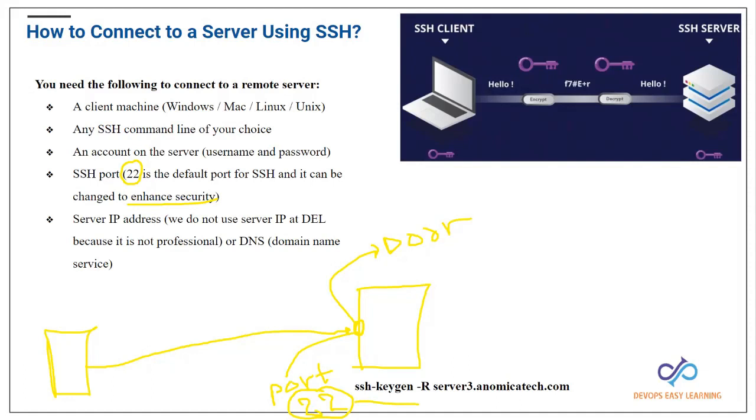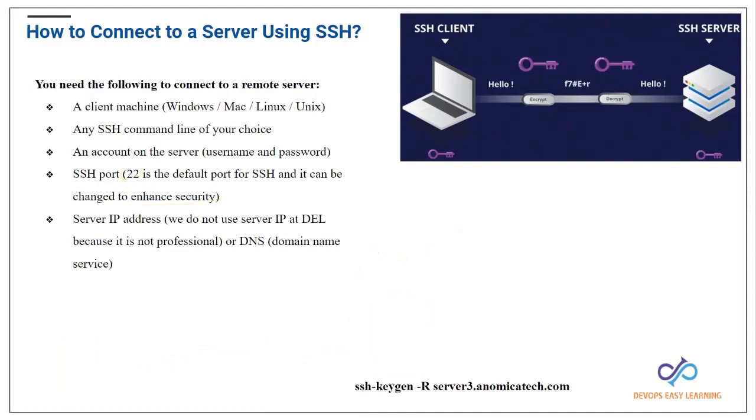That is the goal. Now, I have a server up and running already in the cloud, and I have proper access. Before you go through this exercise, you must have a server that is already running, and on that server, you must have a user account, that means a username and password, and also either the public IP address of that server or the DNS of that server.